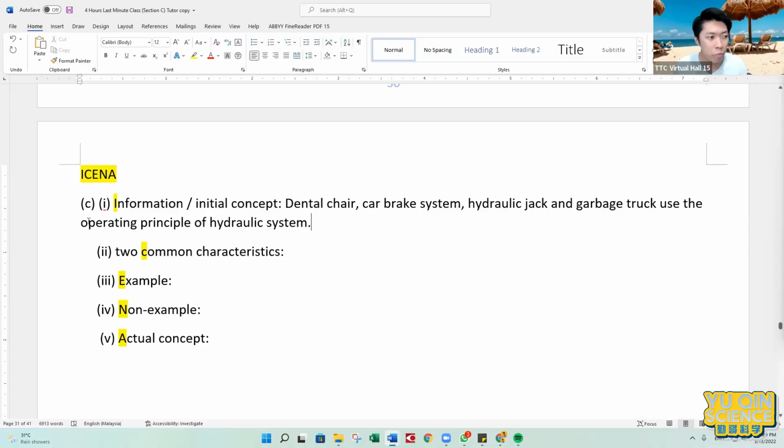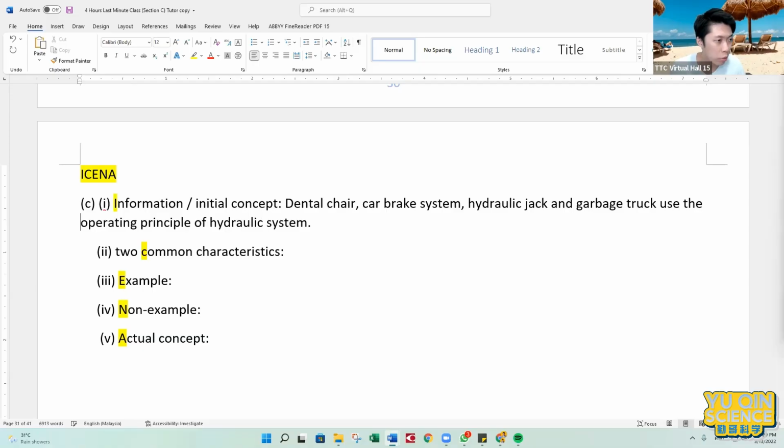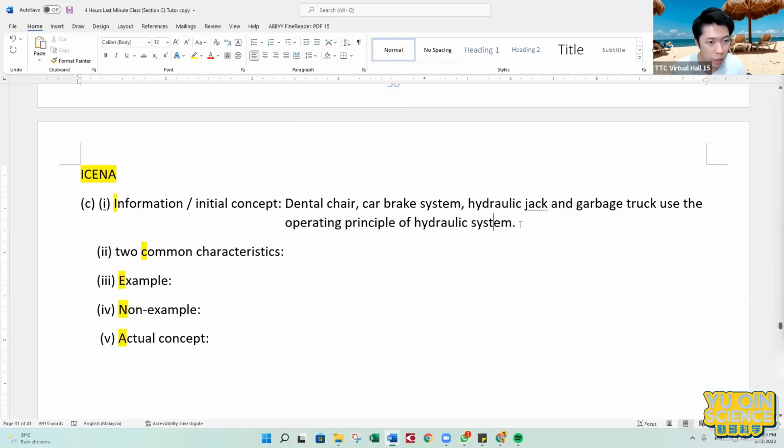It's like telling people these 4 items work by the principle of hydraulic, Pascal's principle. So you try to do it in such a formatting, not really like an essay. You write C1 and what it is about, then C2, and do it in such a way.